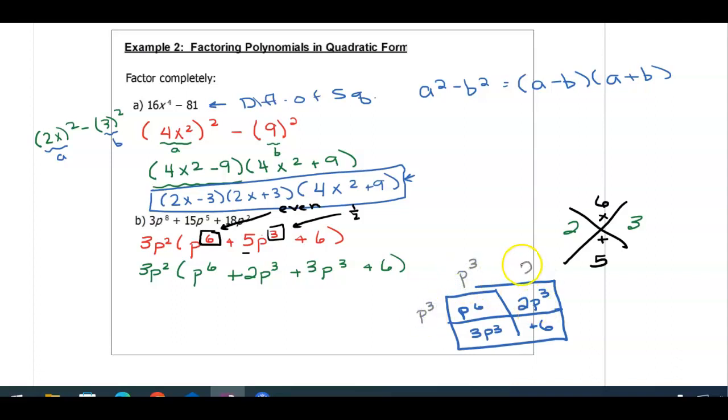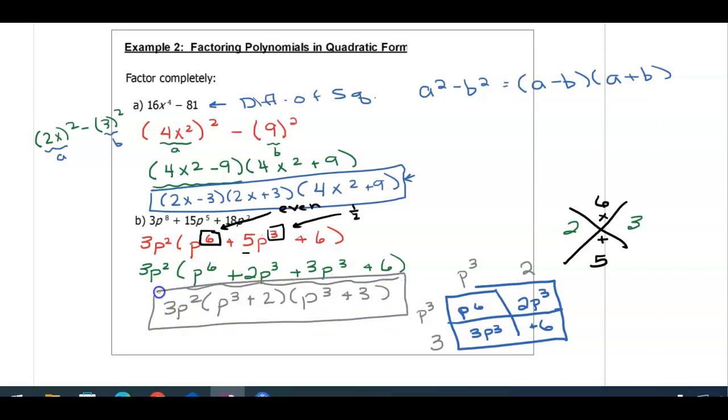This is 2p cubed, this has to be 2, this has to be 3. And to check ourselves, does 3 times 2 equal 6? It surely does. So this factors into p cubed plus 2 and p cubed plus 3, but don't forget the GCF that we pulled out, and this is our final answer.